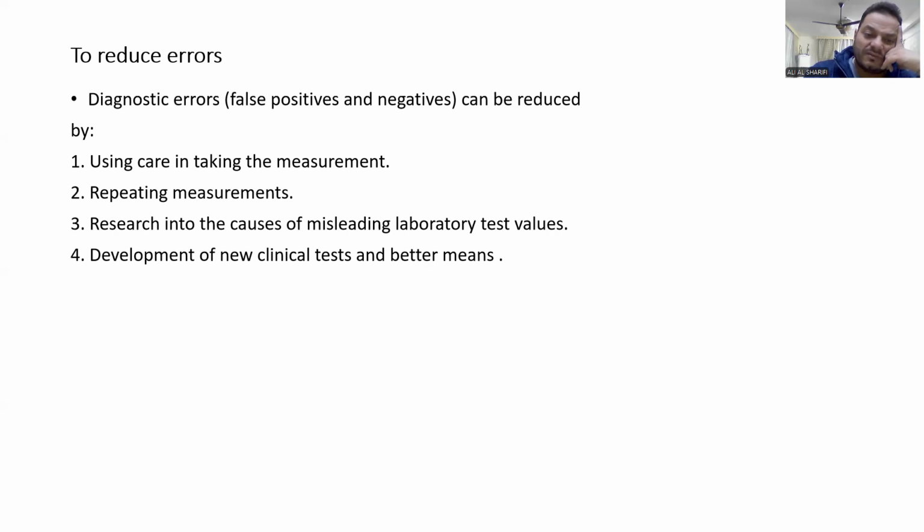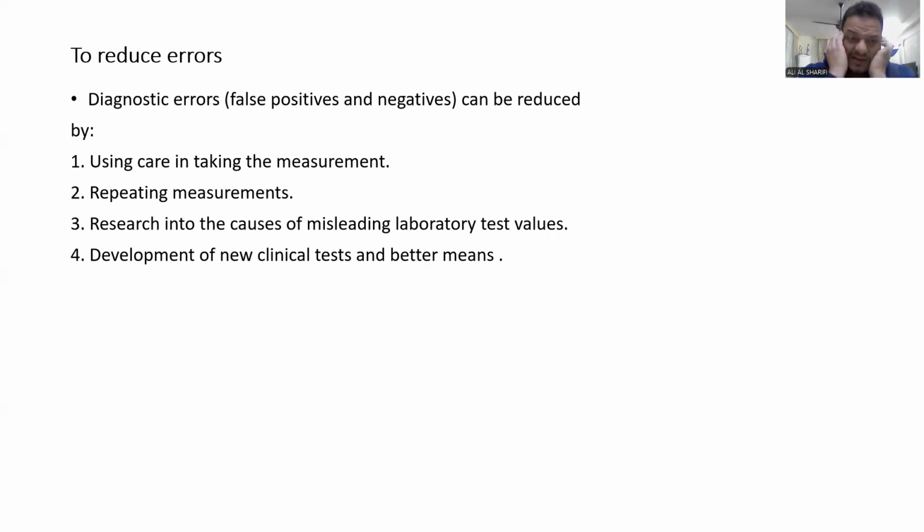Development of new clinical tests and better means: developing this category by spending more money and focusing on it, to produce good new testing methods, and at the same time developing this category more to decrease the mistakes as much as possible.